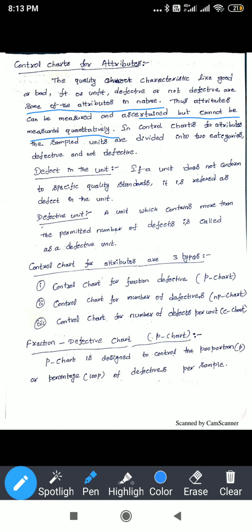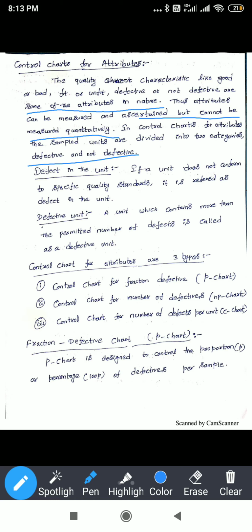Quantitatively means how much; we cannot measure that. In control charts for attributes, the sampled units are divided into two categories: defective and not defective.